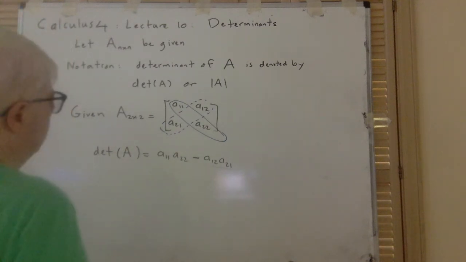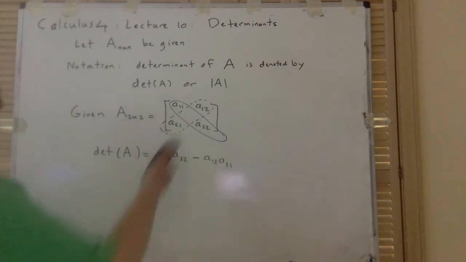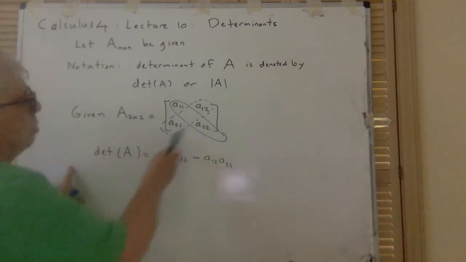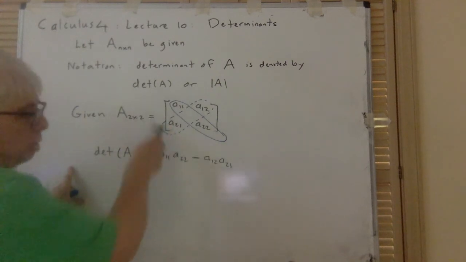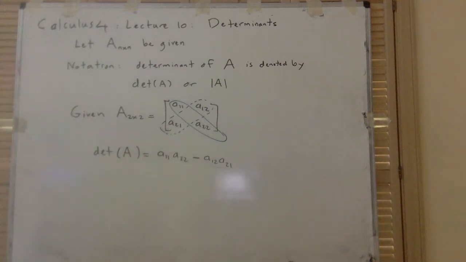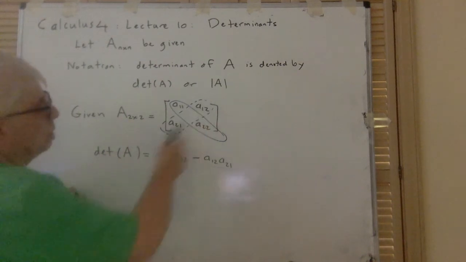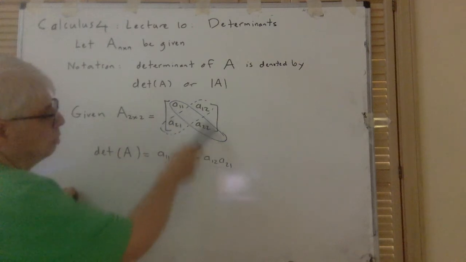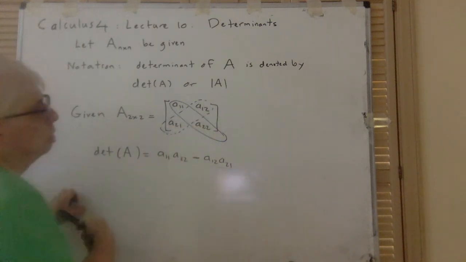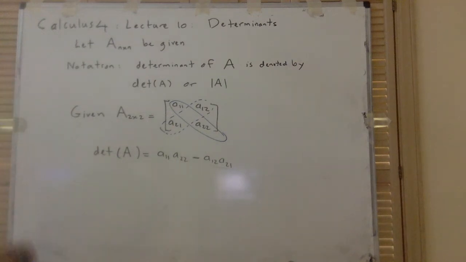So for a 2 by 2 matrix like this, it is this times this, the main diagonal, minus this times this, the other diagonal. So the product of the main diagonal minus the product of the other diagonal.